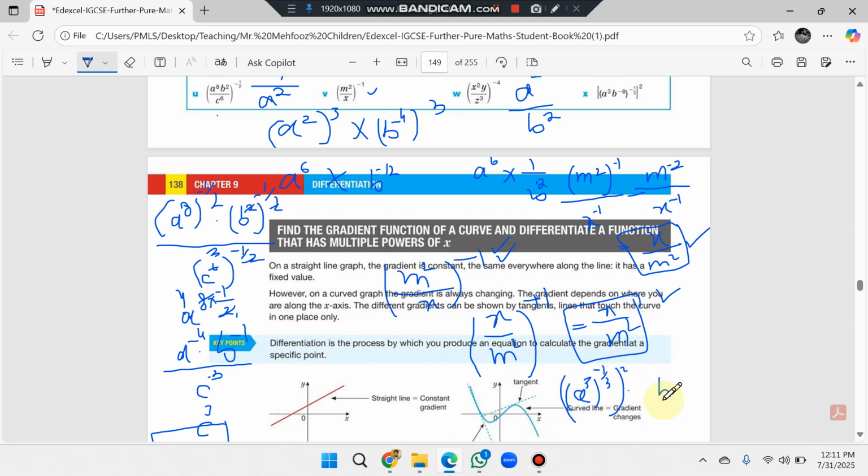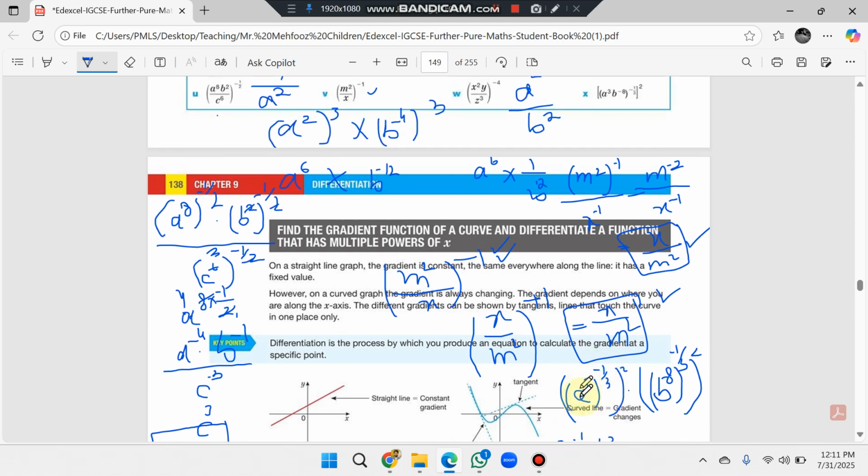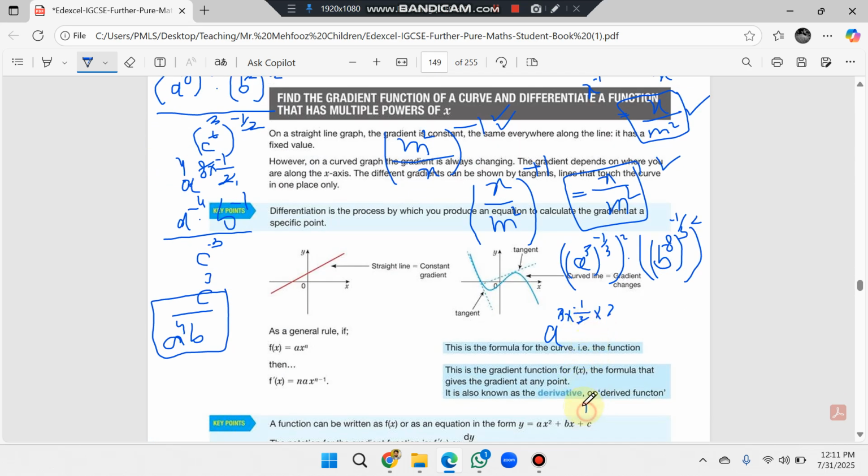Again, b raised to the power minus 8 whole power minus 1 over 3 and then whole power 2. Understand? Now we just multiply all the powers. It will become a raised to the power 3 multiplied by minus 1 over 3 multiplied by 2. So this 3 is cancelled out by this 3. So a's power will become minus 2, right?